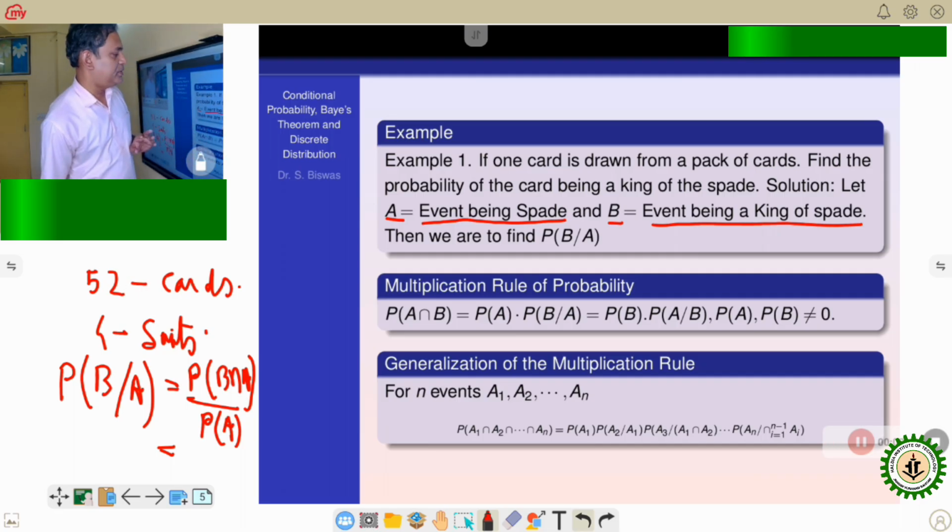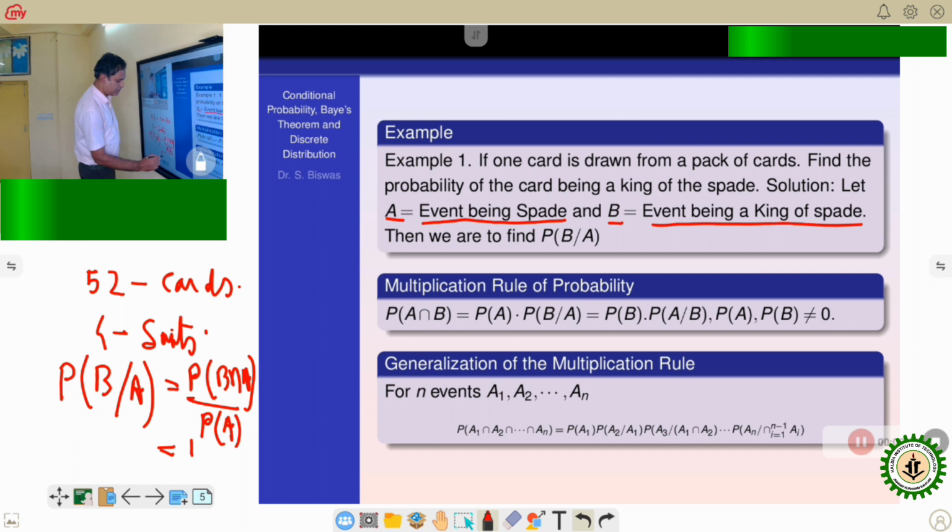Theoretically, it means king of a spade. Now, king in any of the 4 suits, there is only one possibility in all these 4 suits. So, here also the possibility is 1.